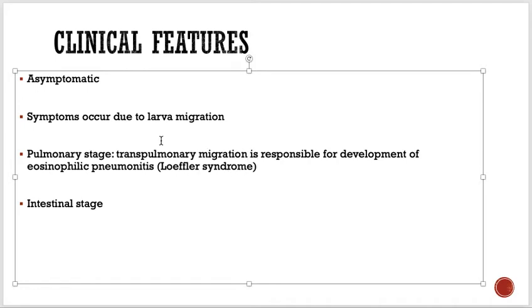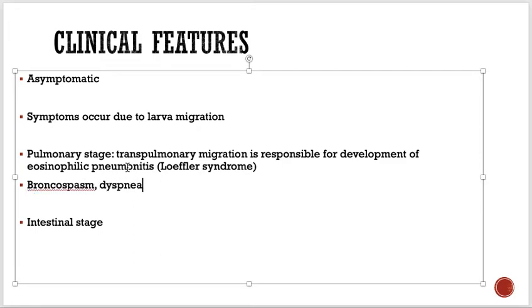The symptoms start occurring around 9 to 12 days after ingestion of the eggs, while the larva reaches the lungs. The affected individuals often develop bronchospasm, dyspnea, wheezing, things like this. Fever can be there, of course.